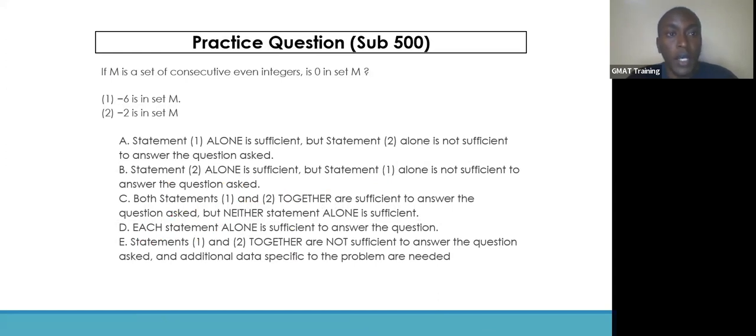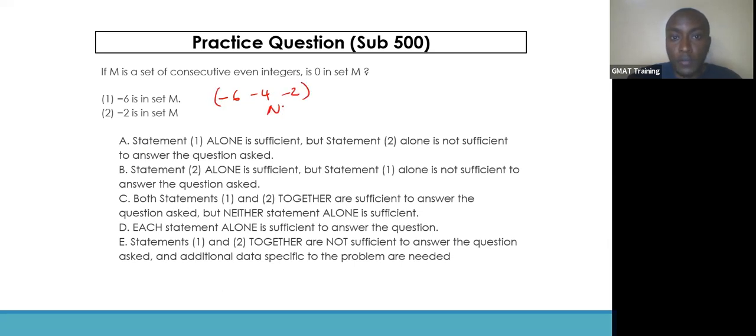So, if M is a set of consecutive even integers, is 0 in the set M, right? -6 is in the set M. If M has, say, 3 consecutive even integers, it can have -6, -4, and -2. Is 0 in there?